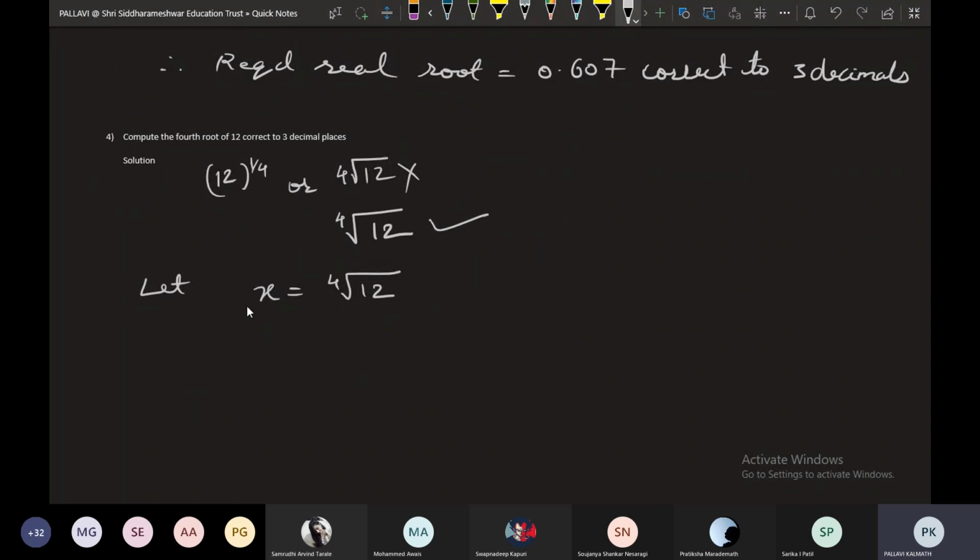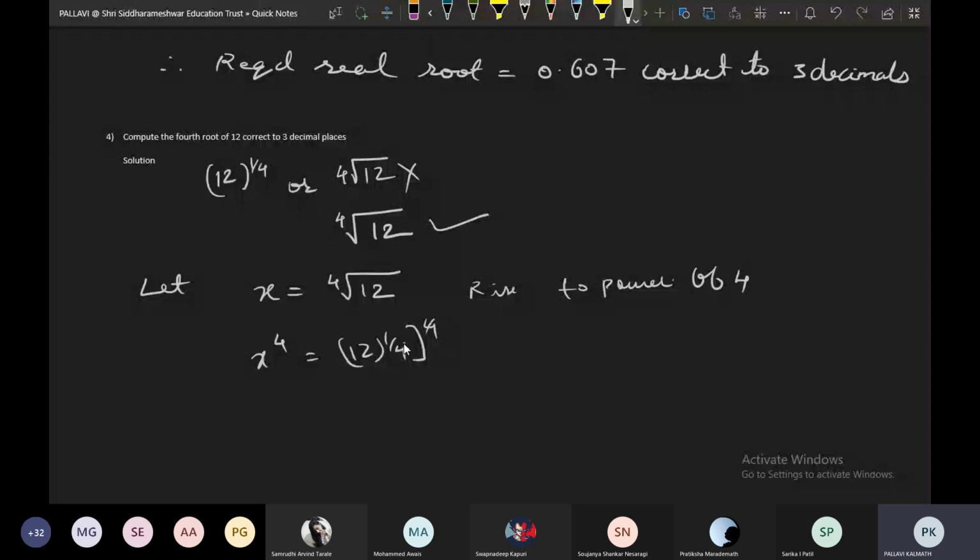If I raise to the power of 4 on both sides, what will it be? 12 raised to 1 by 4 and raised to 4.